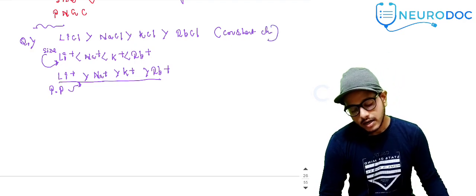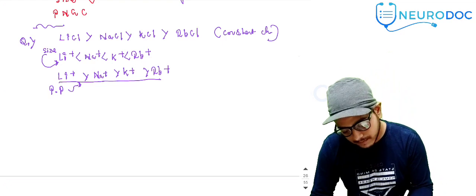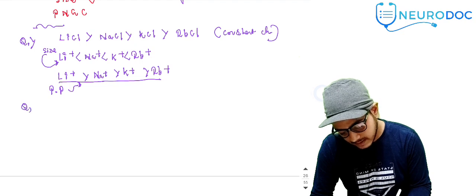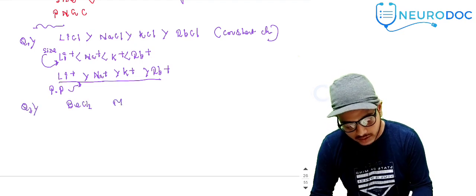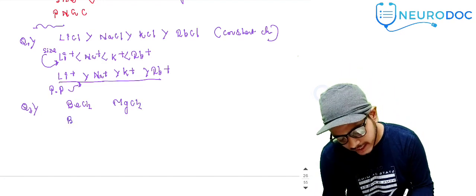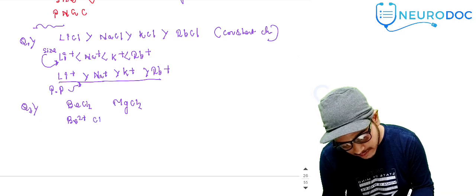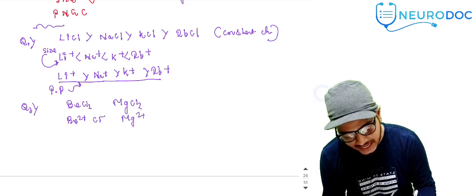Okay. Now let me write another question. Same question, same type: BeCl2, MgCl2. What do you think is the cation here? Be2+, anion Cl-. Here the cation is Mg2+, the anion is Cl-.